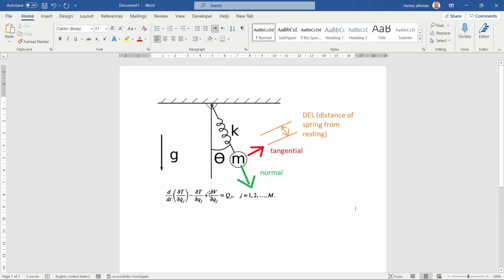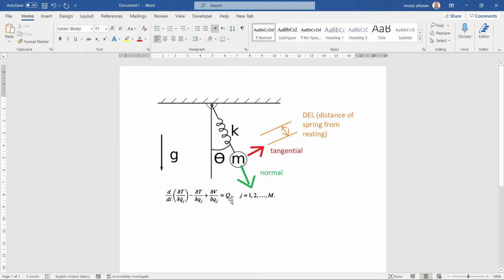The kinetic energy, we said, is going to be basically the dot product of the velocity vector. The velocity vector will have two components, a normal and tangential component. And the potential energy will be made up of, of course, two components, one due to gravity and the other due to the spring constant.